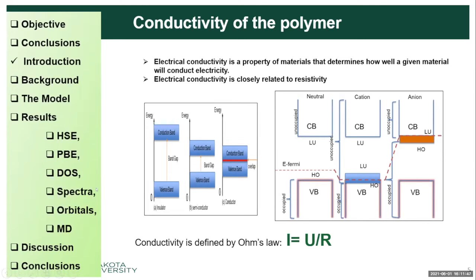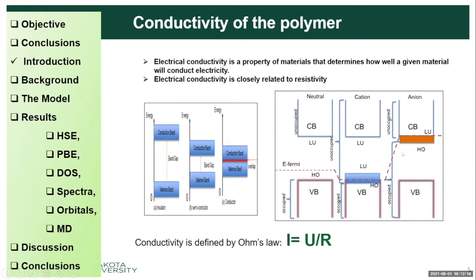After that, when I remove an electron from the conduction band, the LUMO goes down and overlaps with the valence band. So according to the definition, if we remove an electron from the model, it behaves like a conductive material.